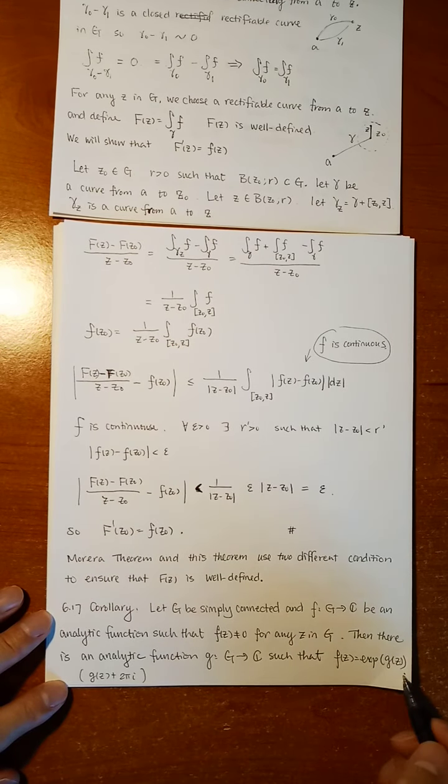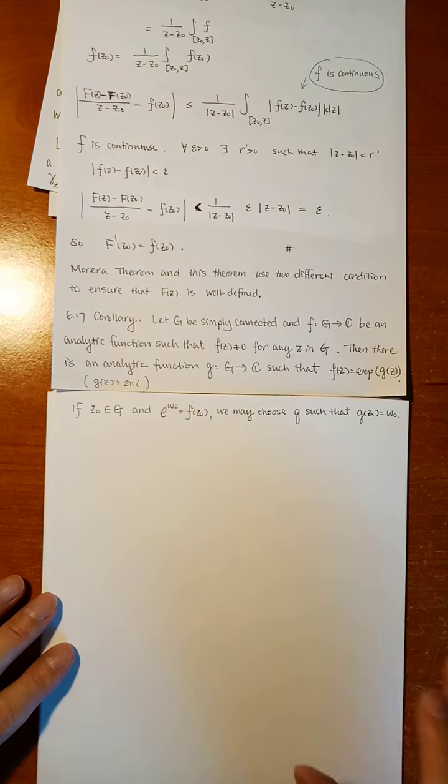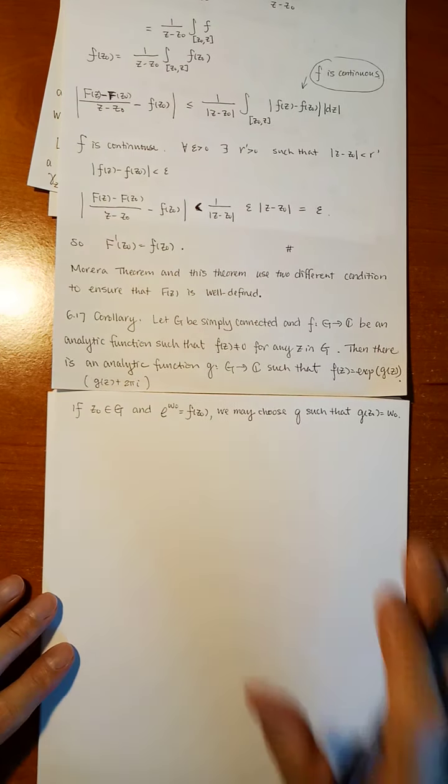If z0 is in G and e to the w0 is equal to f of z0, if you have some fixed point or evaluation requirement, we may choose the function g such that g of z0 is equal to w0. We can really design this function to satisfy the evaluation.